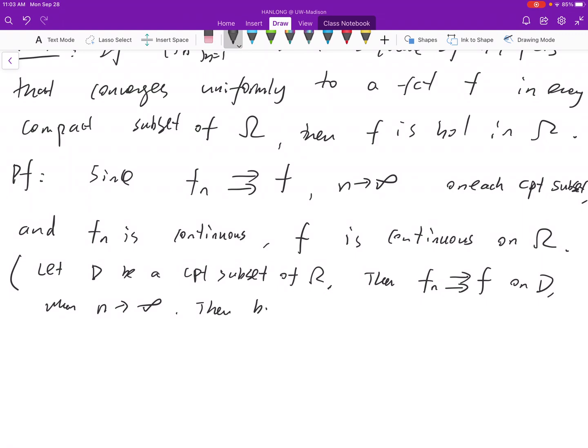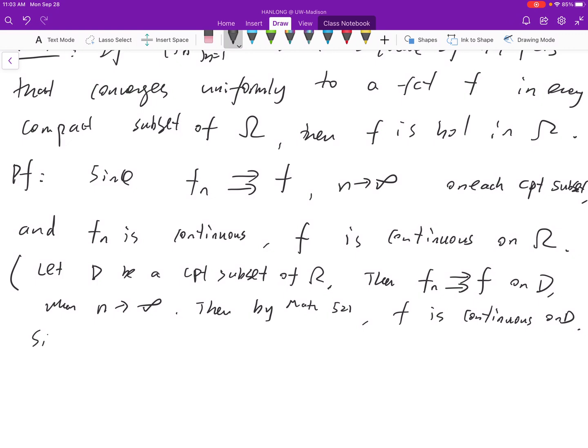Then by a theorem of uniform convergence in Math 521, we can conclude F is continuous on D, since Fn is continuous.